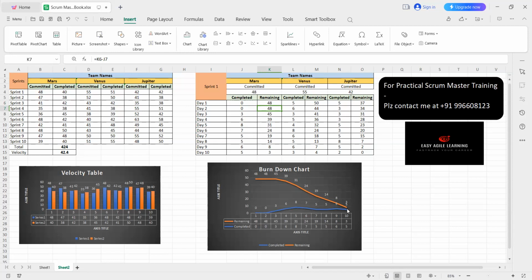Means at the end of 10th day, there were 3 story points remaining for the team. It was a spillover, right? So these kind of data points you can present very interestingly in your Scrum calls, and this actually gives you good visibility in terms of being good at presenting the data.